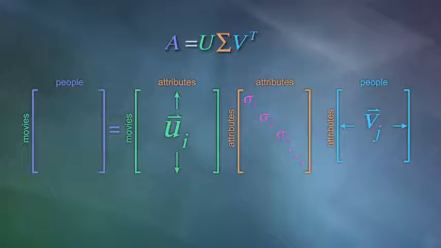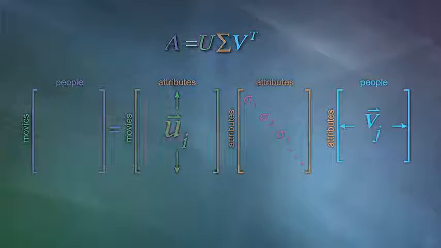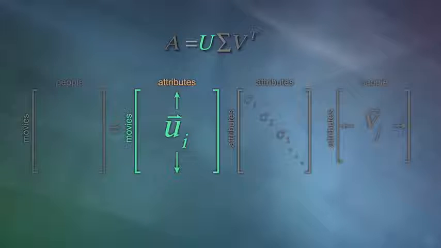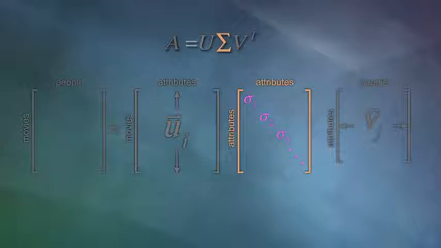So then the SVD factorization will tell us A, how much people like these attributes, that's V. B, how much movies have these attributes, that's U. And C, how important these attributes are to people's ratings of movies, those are the singular values.